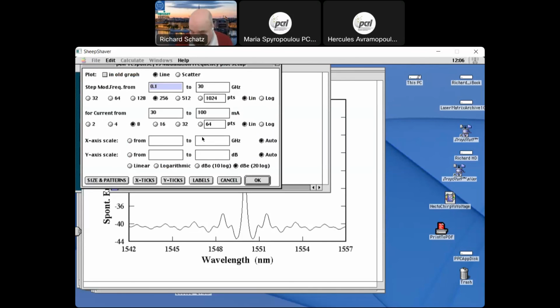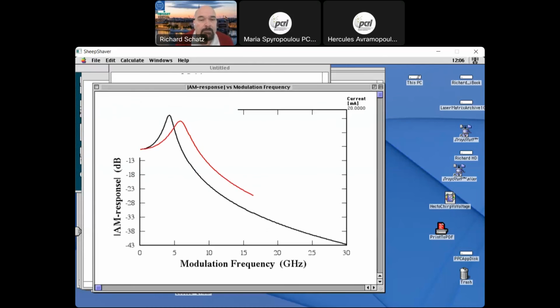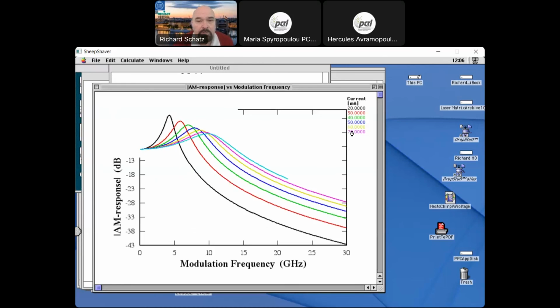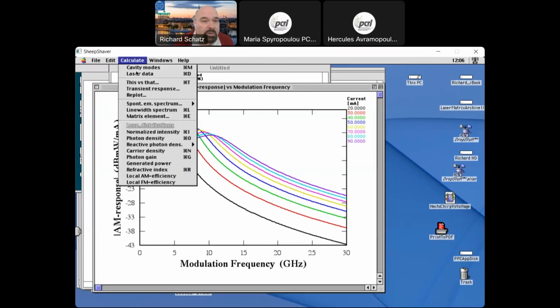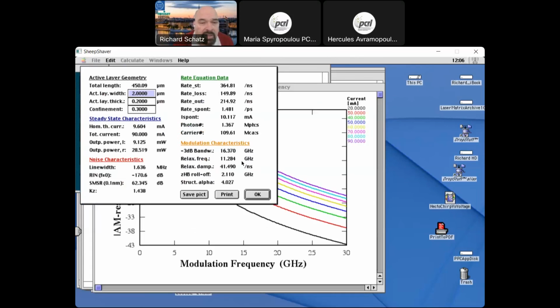And then we can go from 20 to 90 milliamp, for instance, and look at the modulation response. So here we see 20, 30, 45, 60, 70, 80, 90. And you see the modulation bandwidth is better. At 90 milliamp it's 16.4 gigahertz, not extremely large.